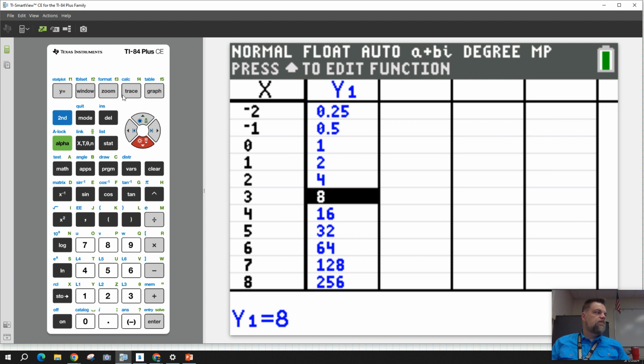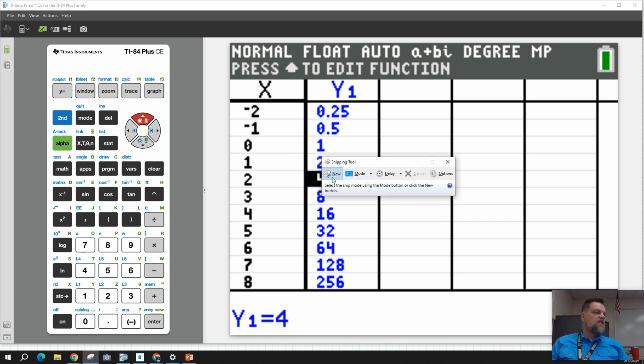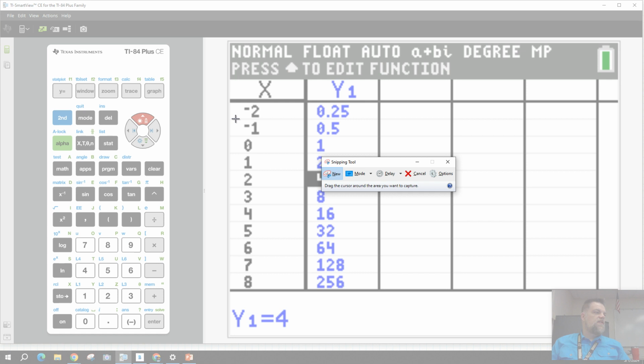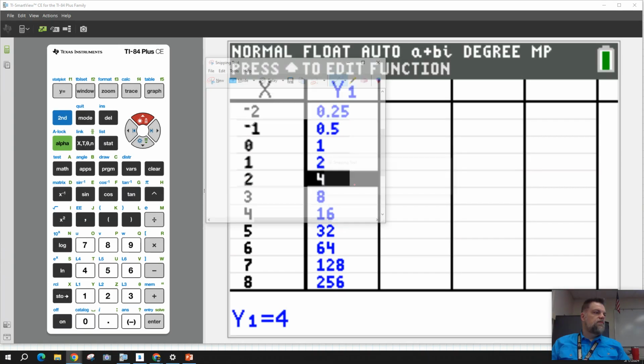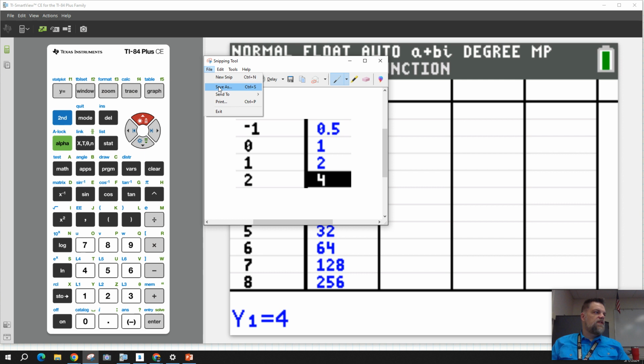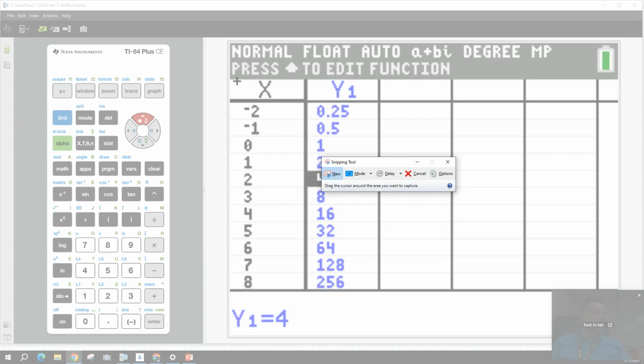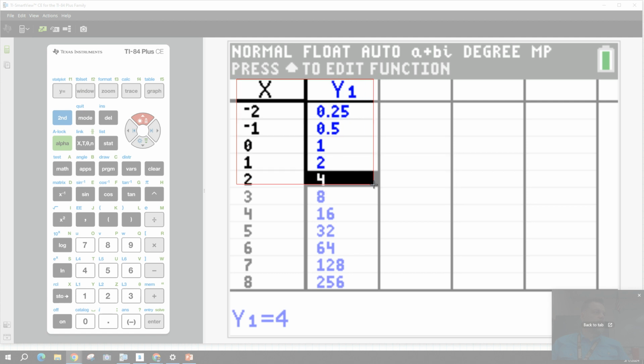Let me take a screenshot of that so you guys can see what we're doing here. Actually, let me include the x and y in there.